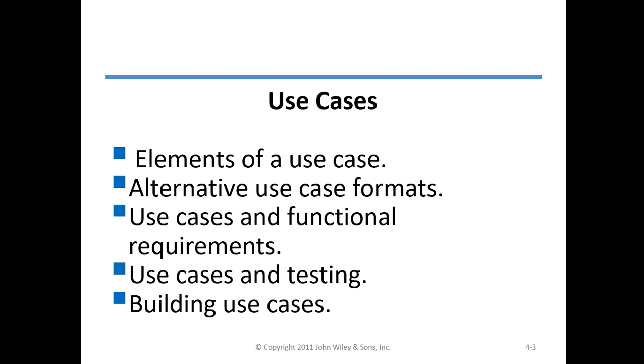This is basically the outline of today's lecture, where we are going to discuss the different elements, alternative use case formats, which I've already discussed, the use case diagram and the text-based use cases. What is the relationship between the use cases and the functional requirements? How we are going to construct the use cases, that is building the use cases, and how we are going to test the use cases.